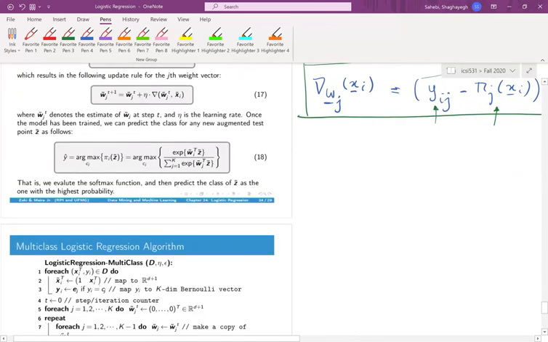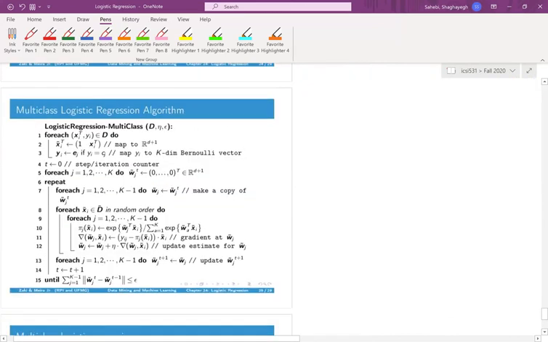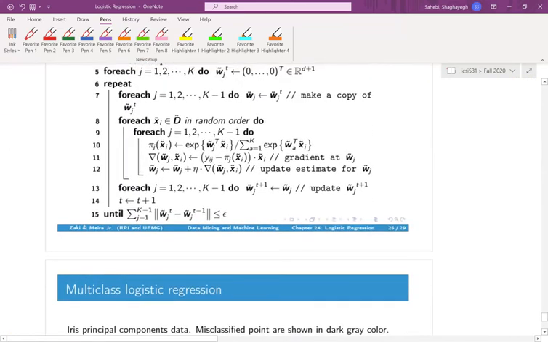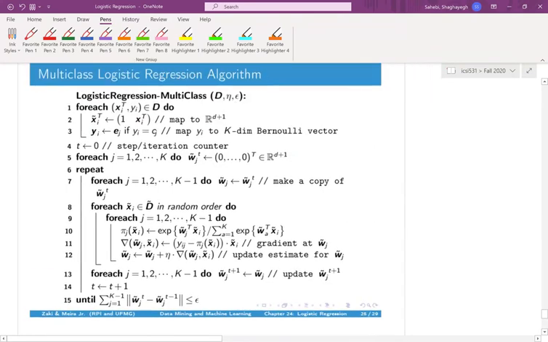Okay. So basically, the algorithm for multi-class regression is going to look like this. First of all, we have our data as our input, step size again as input, and our stopping criterion value as our input.